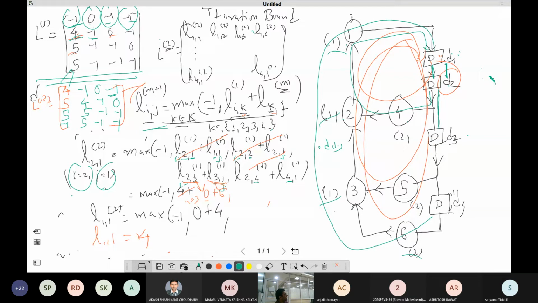Now you have to do L3 and then L4. The equation will remain the same. The only thing is you need to remember that this is M plus 1 and this is M. Here it will always be L of 1, but this is LM. So for L of 3, this will be 2. So L22, hope you are getting 4.